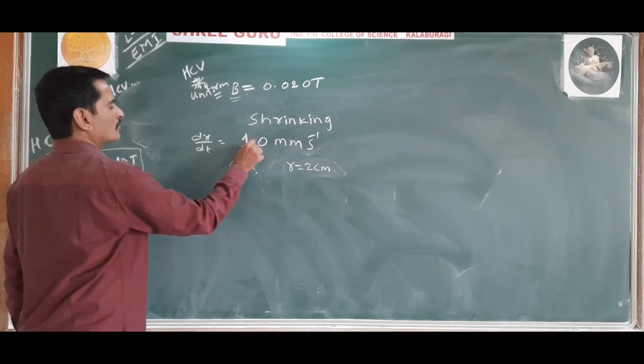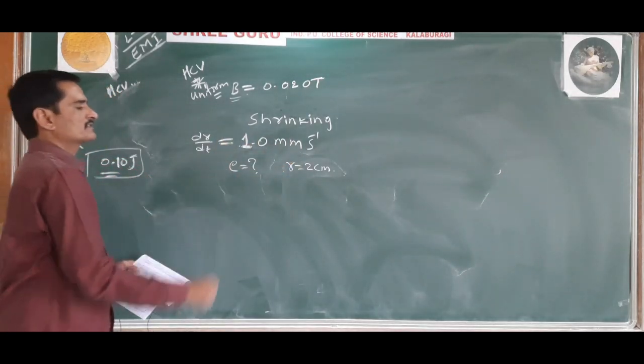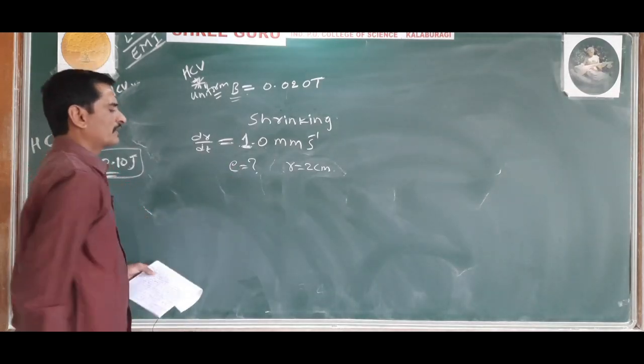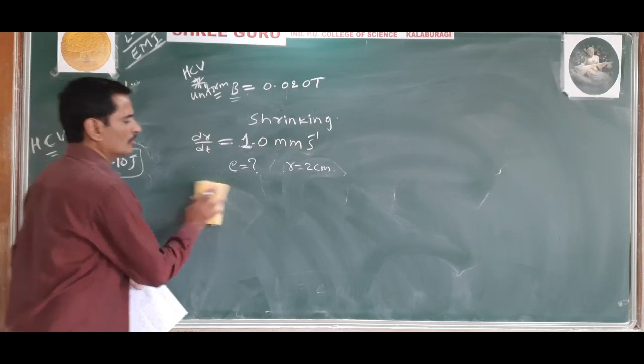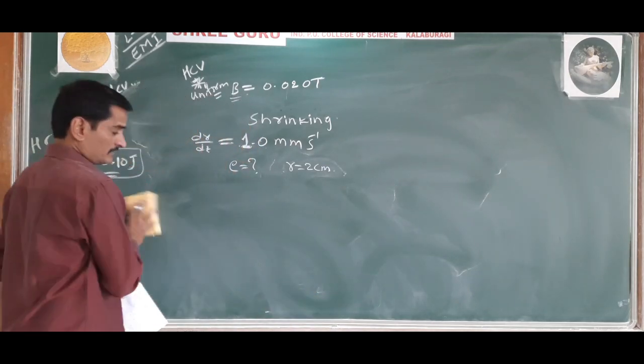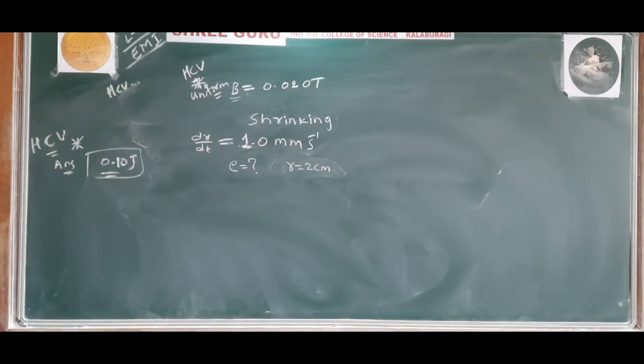So dr by dt is equal to 1.0 millimeter per second, and you have to find the induced EMF in that circular loop at an instant when the radius is 2 centimeter.